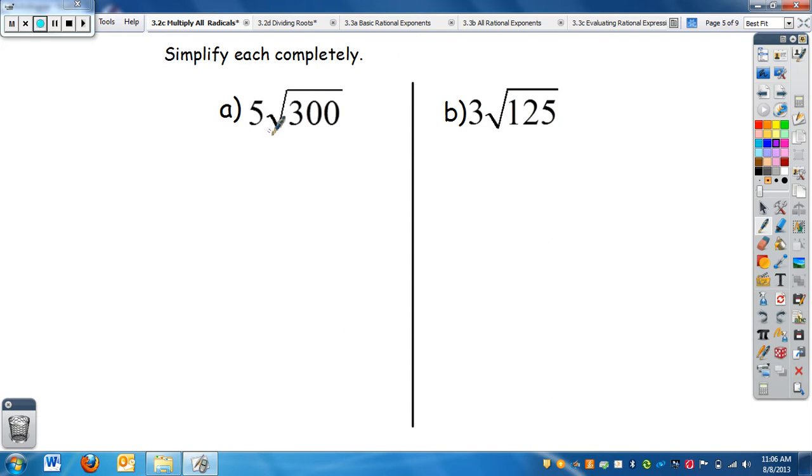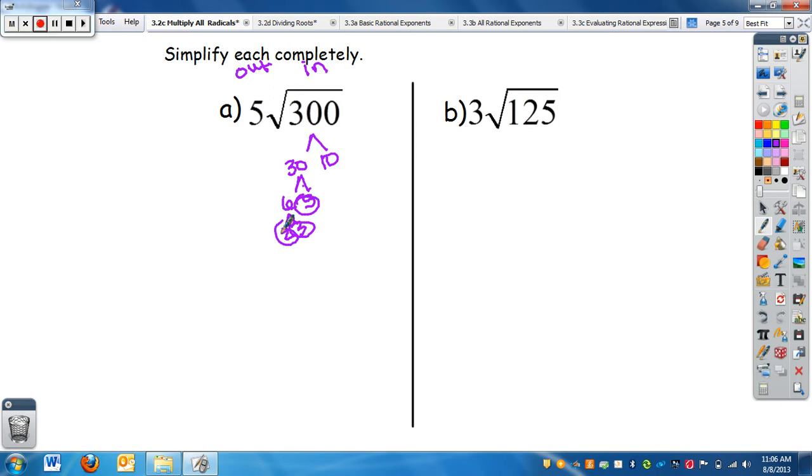So here I have 5. 5 is out. 300 is in. So I don't need to do anything with the 5 because that one's already out. But I need to see if anyone can join the 5. So 300 is 30 and 10. Simplifying this down is 6 and 5, 2 and 3.